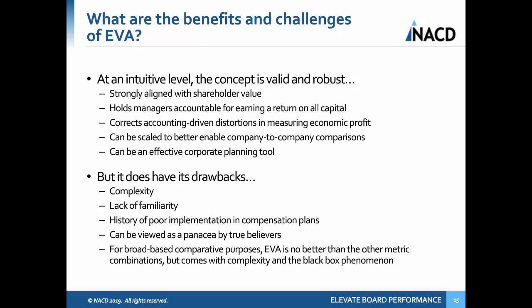And the fact of the matter is, when it comes to incentive compensation, there's no single measure that's going to be adequate to capture performance evaluation for a team of executives, and we don't think that EVA fits that category either.